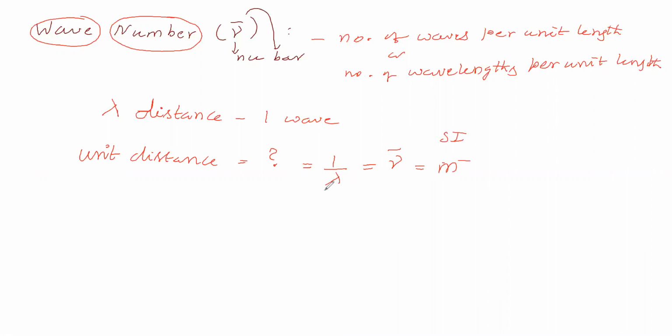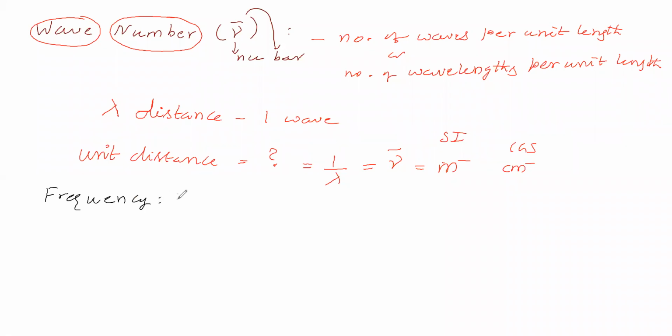The unit of wavelength in CGS system is centimeter, therefore nu bar is said as centimeter inverse. So here we have seen wave number, the number of waves per unit length. Next wave characteristic we will take is frequency.